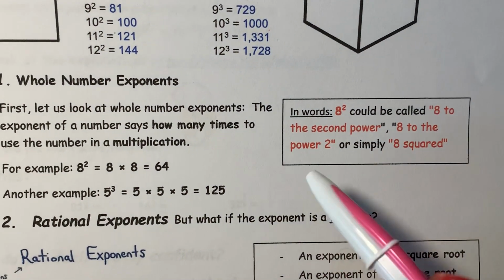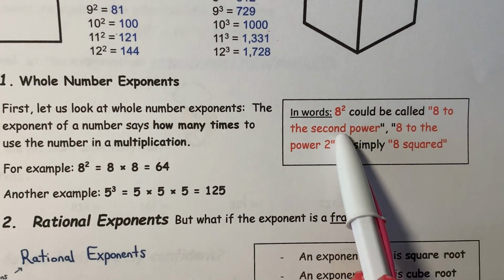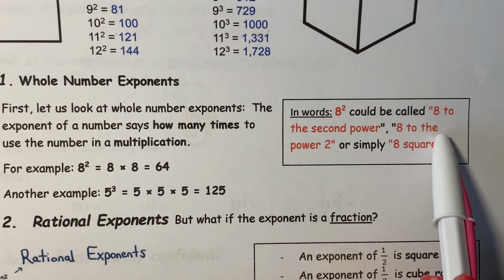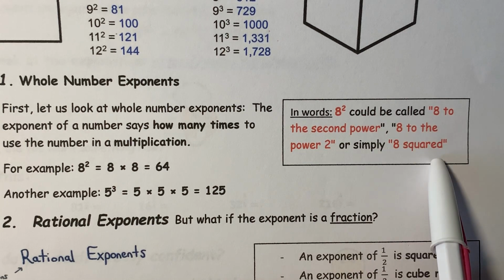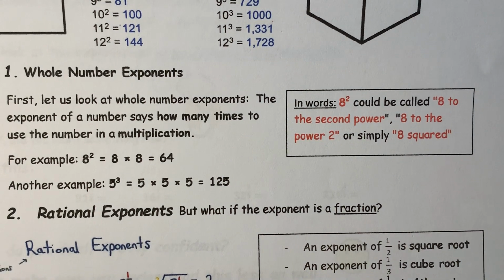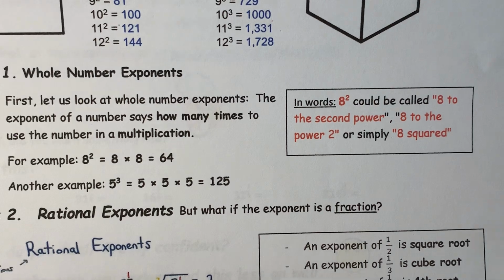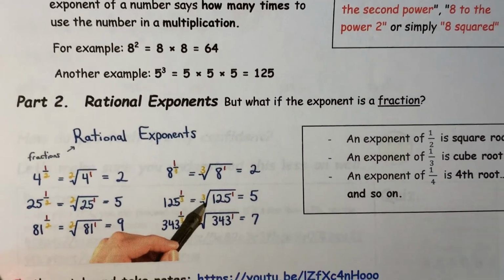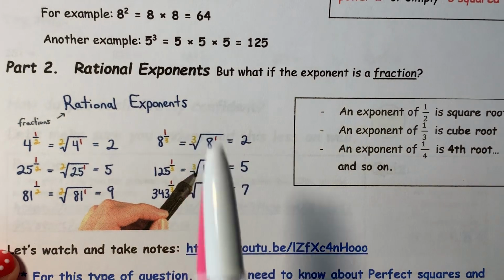So how do you say this in words? 8 to the power 2 is 8 to the second power, or 8 to the power of 2, or simply 8 squared. Okay? Now, what if the exponent, the number on top, is a fraction? Our main focus is called rational exponents.